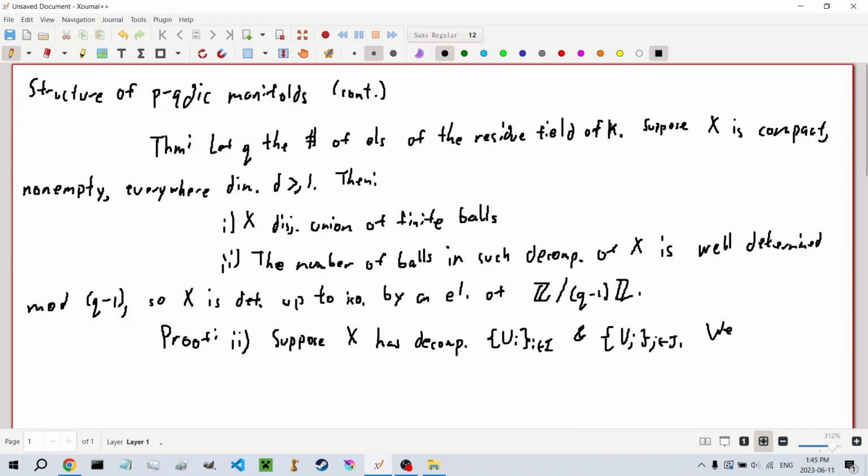We want to show that the cardinality of I is congruent to the cardinality of J modulo Q minus 1.